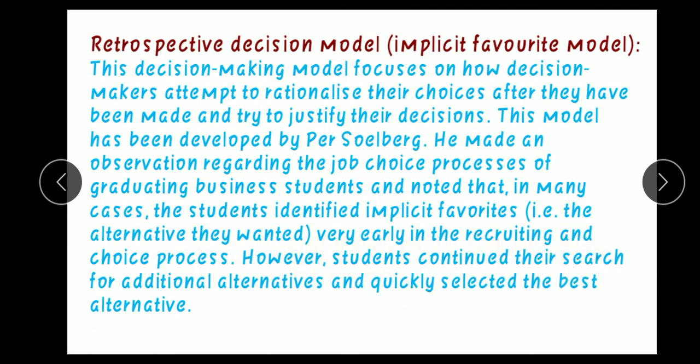Very early in the recruiting and choice process, however, students continued their search for additional alternatives and quickly selected their best alternative. Students यहाँ पे फटाफट अपने additional alternatives को choose कर लेते हैं and they quickly take the decisions, very impulsively they take their decisions and select the best one.